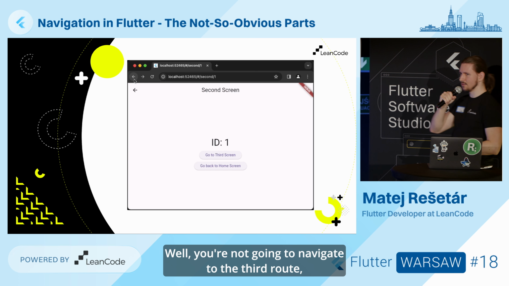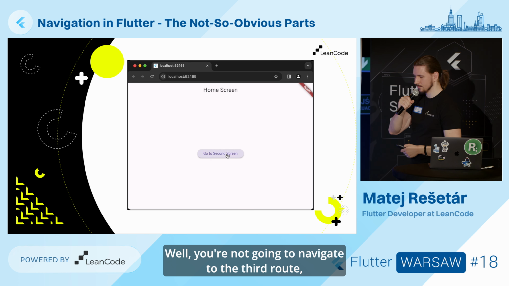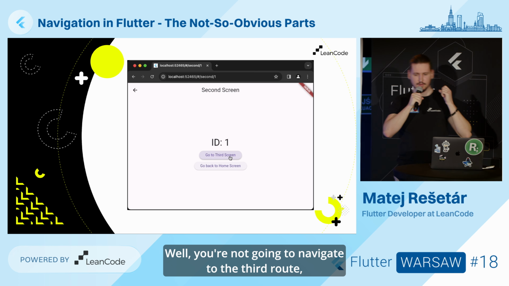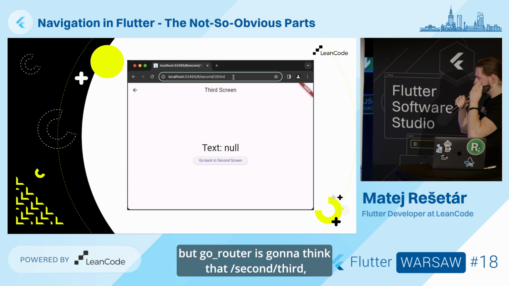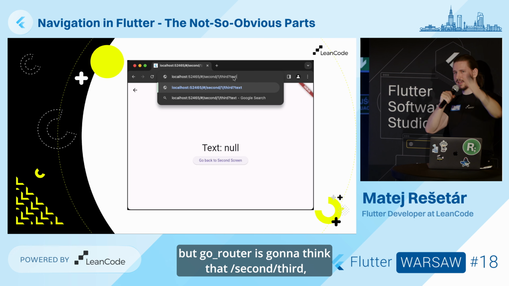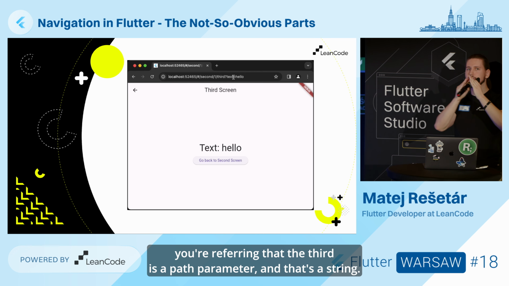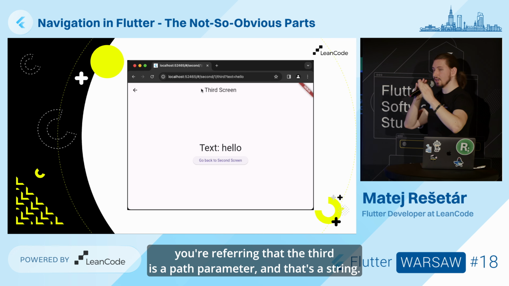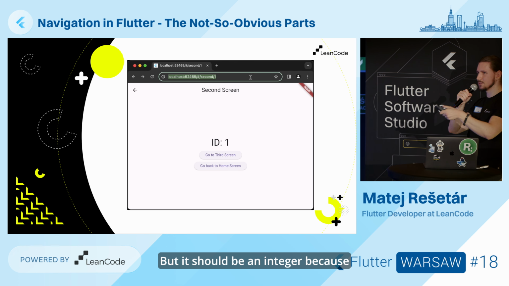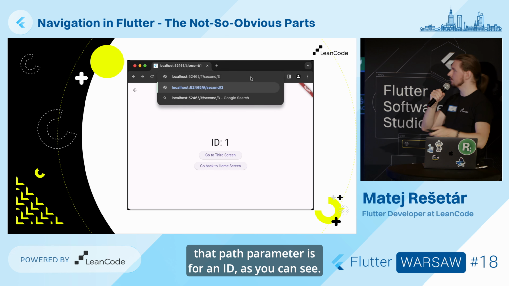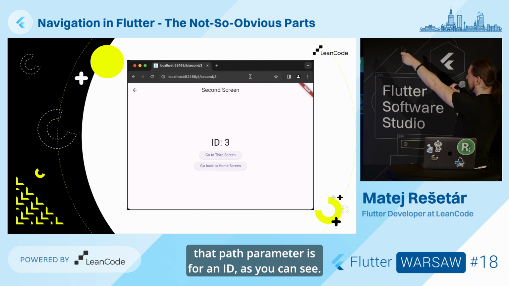Well, you're not going to navigate to the third route, but GoRouter is going to think that in /second/third, the third is a path parameter, and that's a string, but it should be an integer because that path parameter is for an ID, as you can see.